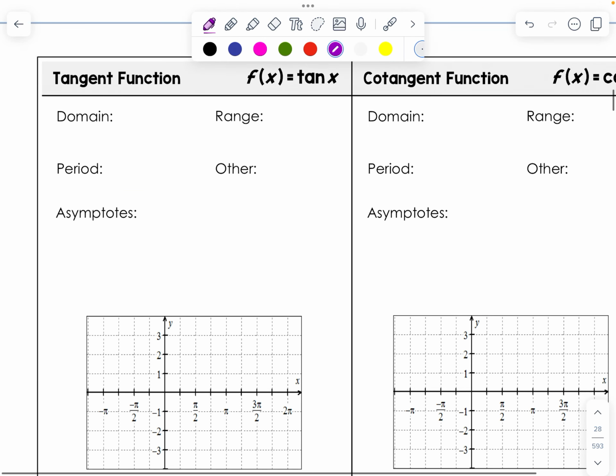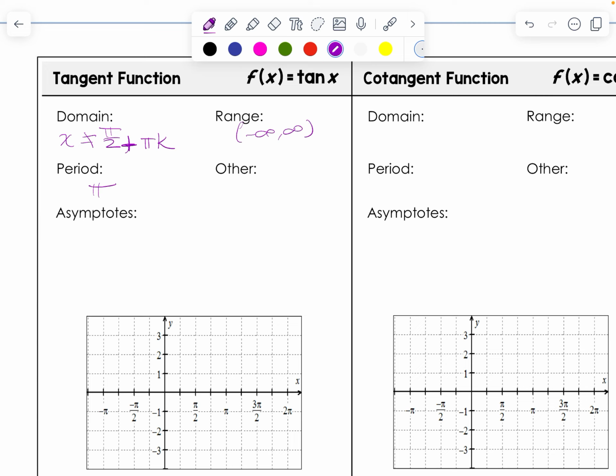Almost done. We've got tangent, whose domain is x cannot equal pi over 2 or any version of pi over 2 plus pi times k. Okay, the range is from -infinity to infinity. The period is pi. It is discontinuous, unbounded, and it's an odd function.